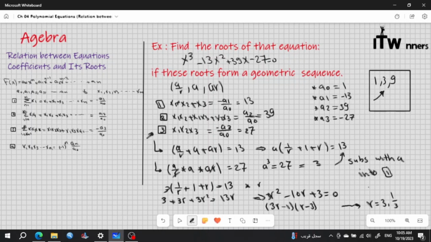I hope the relation between the equation coefficients and its roots is clear. We just follow this relation to get the roots of any polynomial, but it becomes difficult when the power of the leading term of the polynomial is larger than 4.